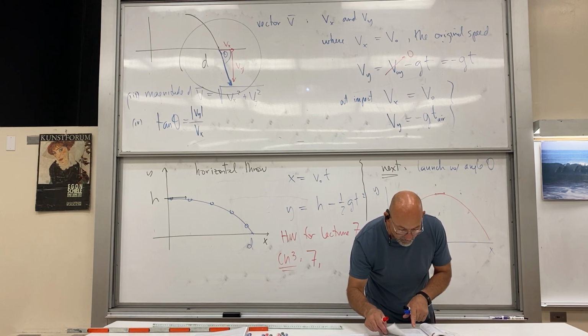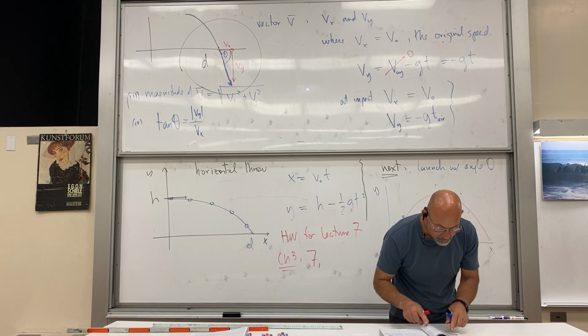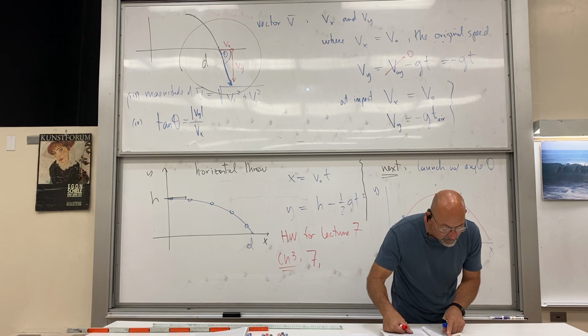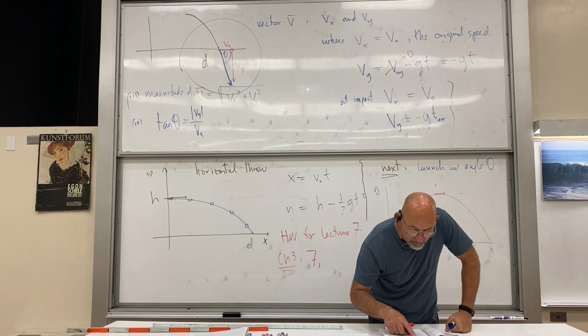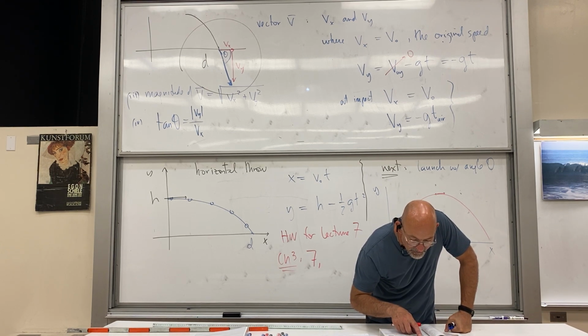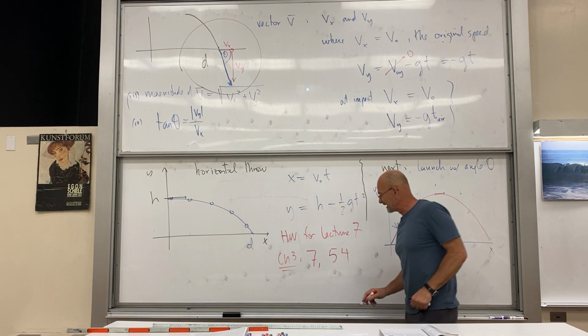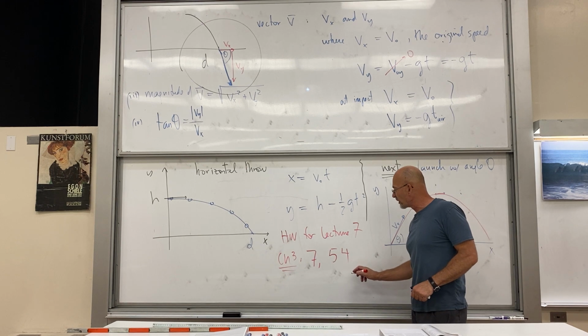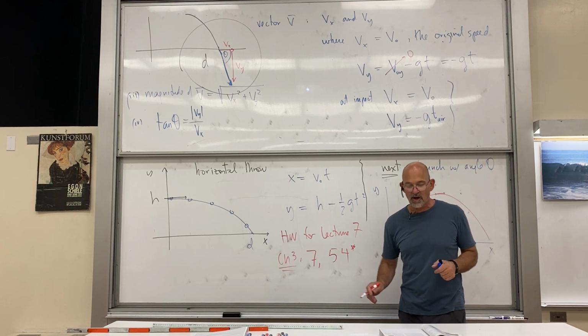Thought there were a couple more here. Now, 54 is great, but it's a little... at least have a good start at 54. 54 is tricky. Okay, I'll put a star there, but it's a couple of horizontal throw problems all in one.